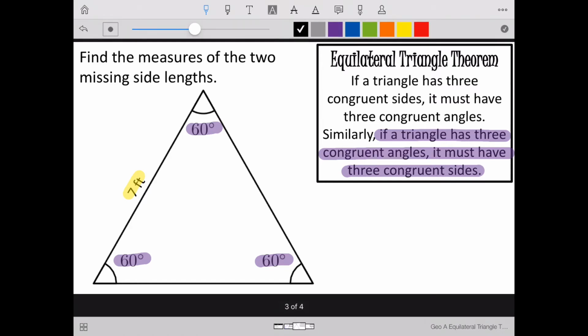So I can automatically assume that all three of these sides have to be the exact same thing. So if one of these sides is 7 feet long, all of them have to be 7 feet long. Pretty cool, right? Moving on.